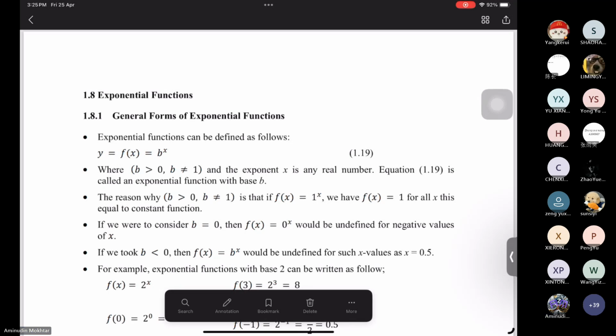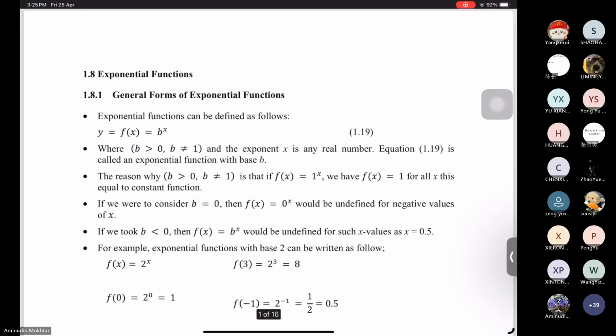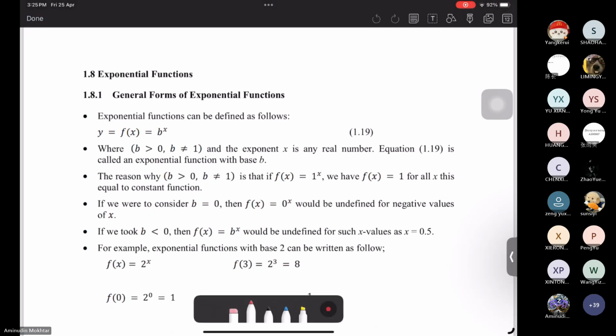Before this, we learned about the linear equation y equals mx plus c, and the second one is about the quadratic ax squared plus bx plus c.